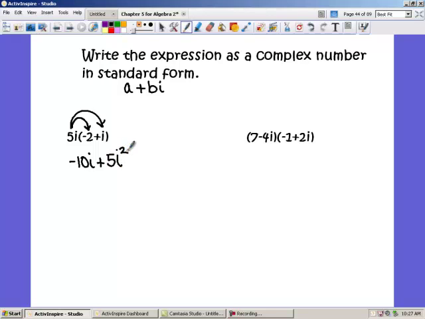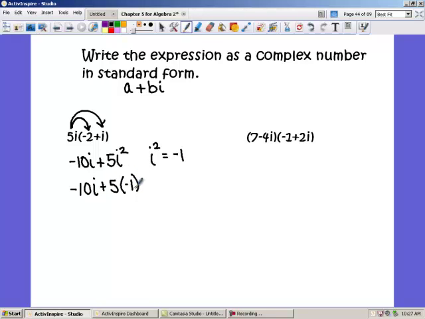Now, most of you would think that this is done, but this is not in the form a plus bi. This has an i squared in it. So we need to use the rule, and I think it was the first slide that I gave you in this section. It said i squared equals -1. So we're going to change that i squared to equal -1.